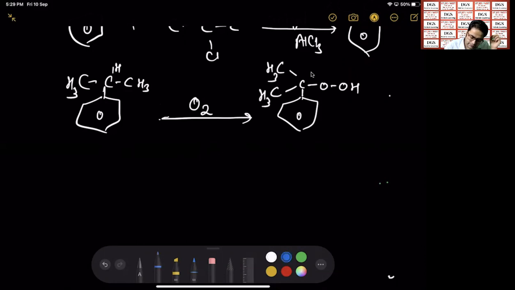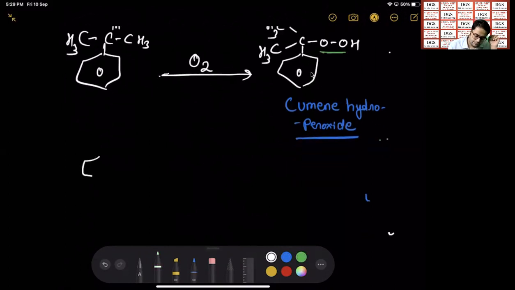This thing is known as cumene hydroperoxide, as it is evident that we have this peroxide linkage.